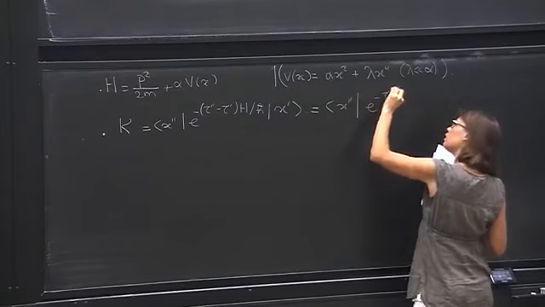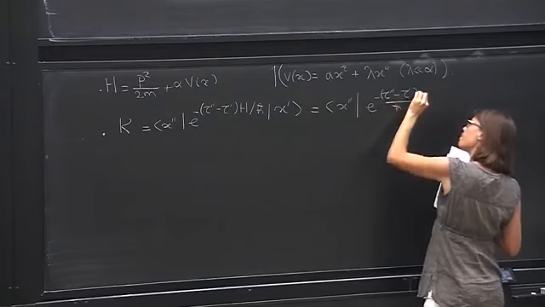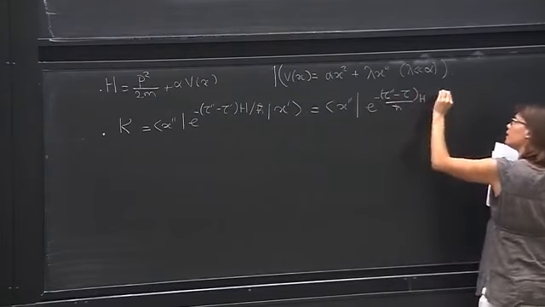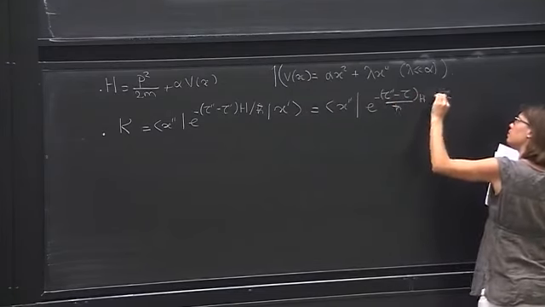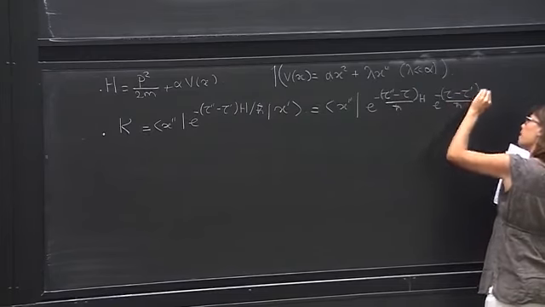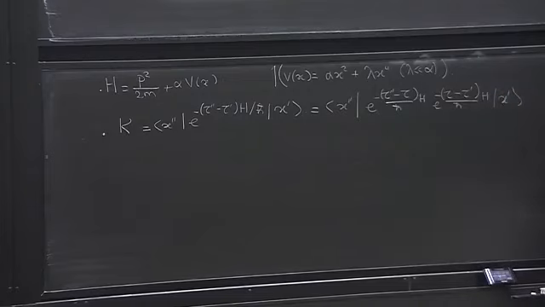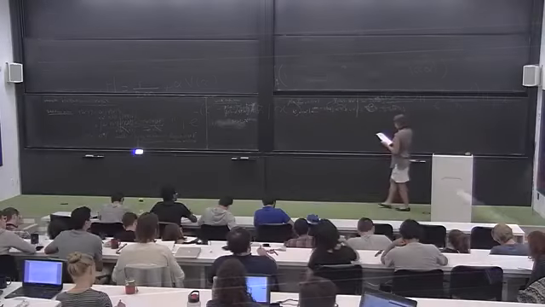So here from and minus 2. And I can do this because H is time independent here. So I'm separating the time evolution into two smaller ones.